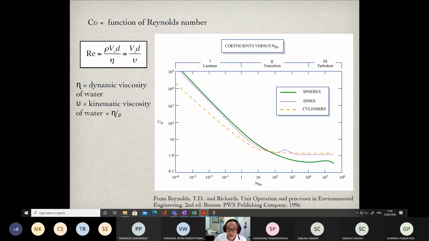For laminar conditions, the higher the Reynolds number, the lower the coefficient of drag. For the transition, it's in between, but for turbulence, for spherical shapes, it must be around less than 1, and it tends to be constant, even though the Reynolds number gets higher and higher.